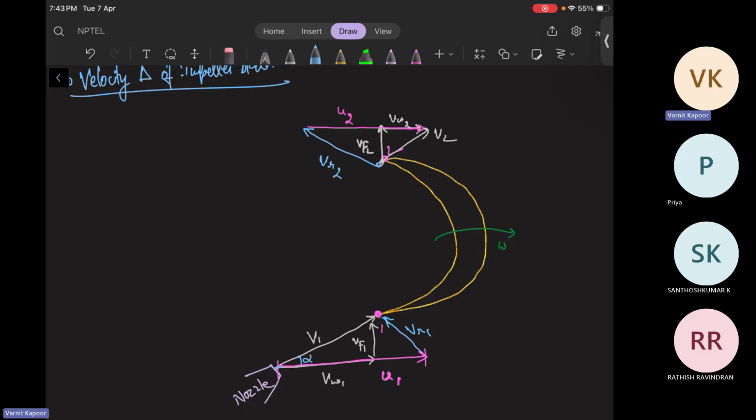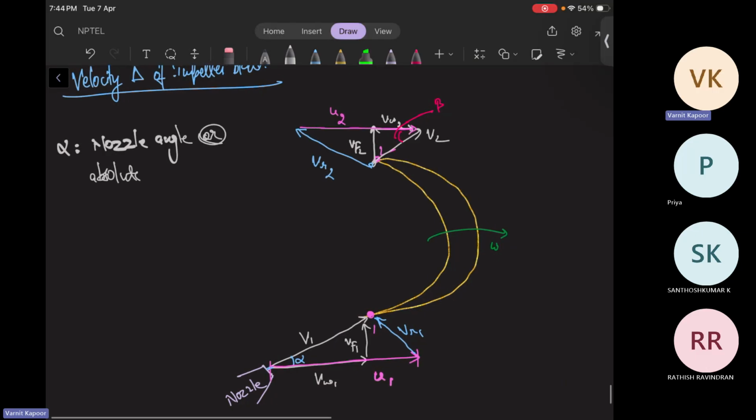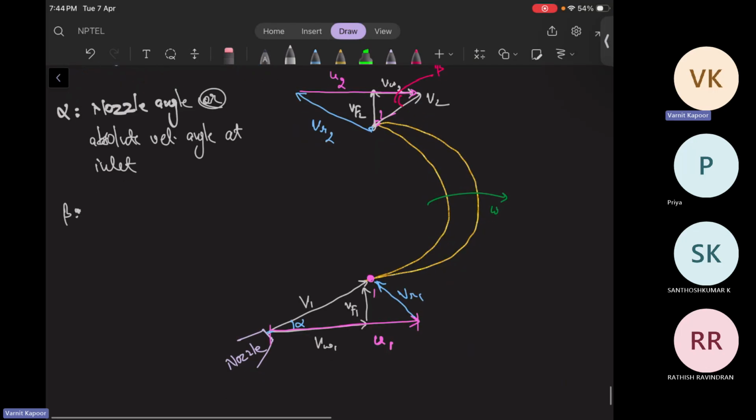And here the angle at the outlet, the absolute velocity angle, will be your angle beta. Let me write these angles. Alpha is your nozzle angle, or absolute velocity angle at inlet, and beta is your diffuser inlet angle.